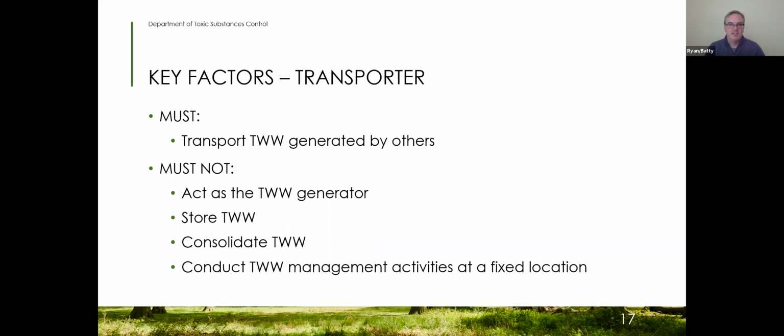If you have a transporter variance, you cannot act as the generator, cannot store treated wood waste, cannot consolidate treated wood waste, and you also should not be conducting treated wood waste management activities at a fixed location. It's essentially just transport from the generator to an authorized facility. Next slide, please.